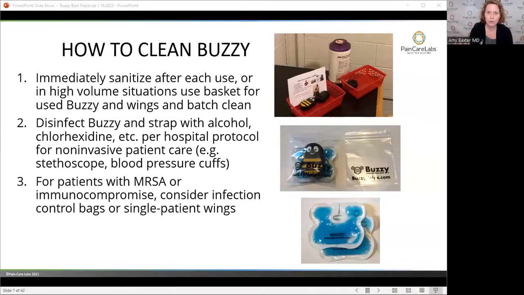Alternately, some hospitals or systems will prefer to use an individual ice wing. So when the ice wings are being used, they're really all that's touching the patient. And so you can have a single patient ice wing. All of our equipment is reusable, but these ice wings have a colder white side and a less cold blue side. And the white side's non-woven, so it can't be disinfected.